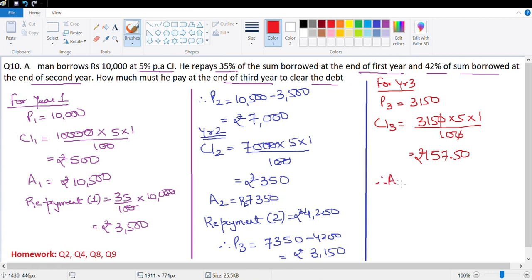Therefore, amount 3 would be equal to principal 3 plus compound interest 3, which is 3150 plus 157 rupees 50 paisa, so 3307.50. So this is the money that he must repay at the end of third year to clear his loan completely.